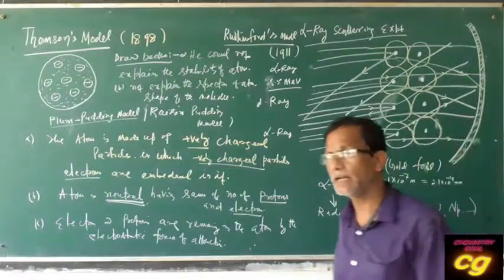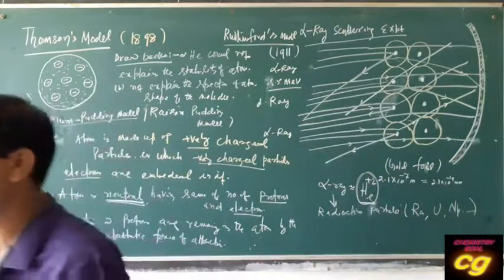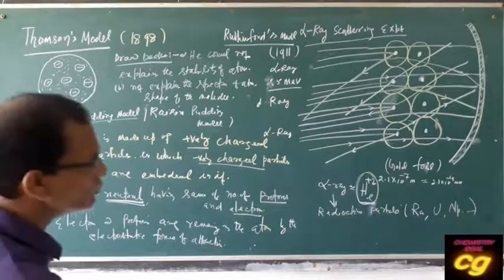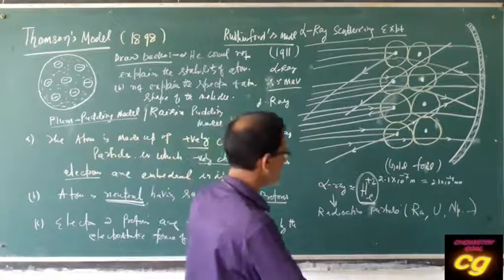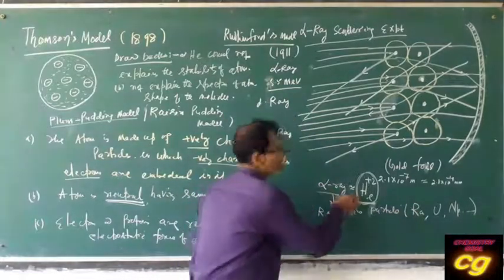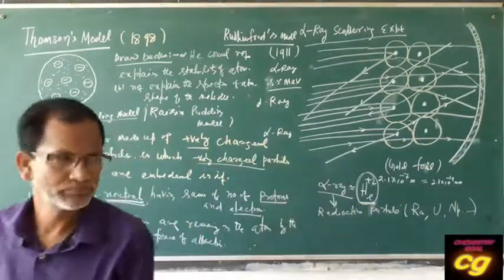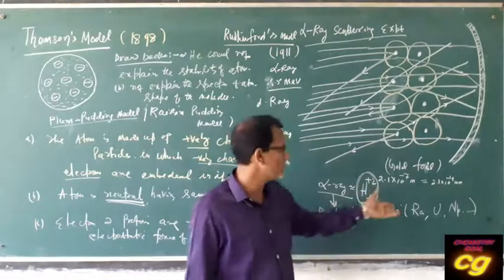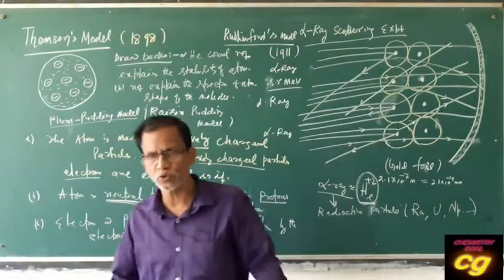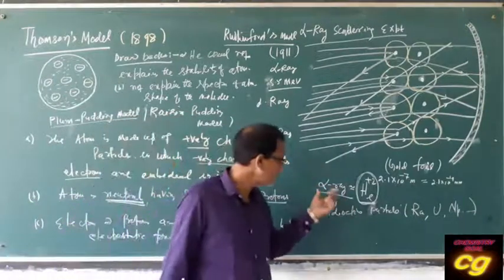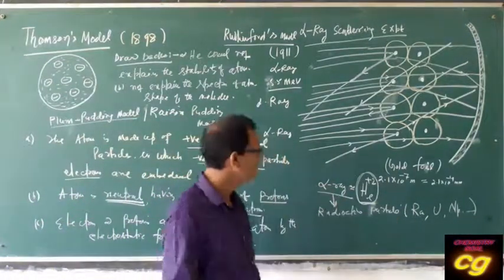These radioactive elements are very unstable, their nucleus is very unstable, so alpha rays are produced from them. Radium, uranium, neptunium are the sources of alpha rays. For the production of alpha rays, we can use radium.